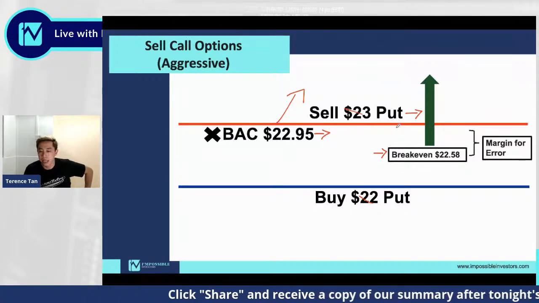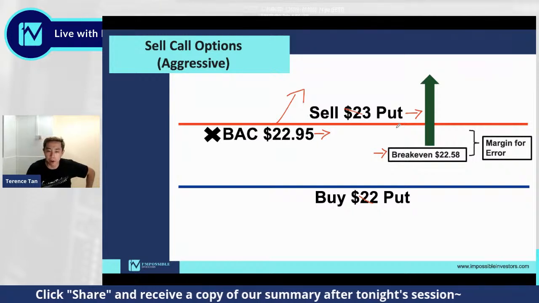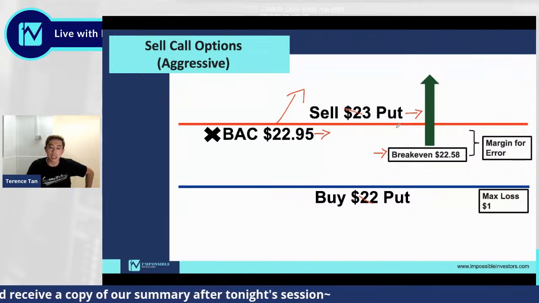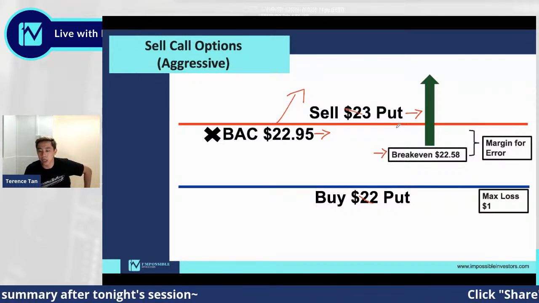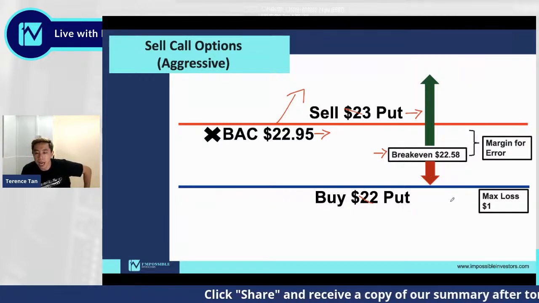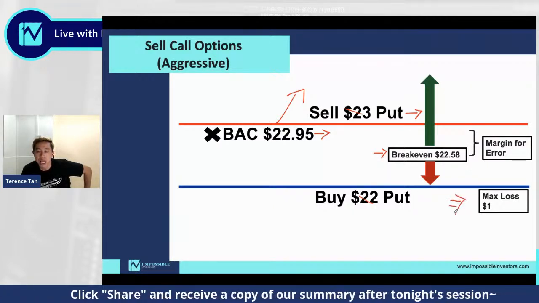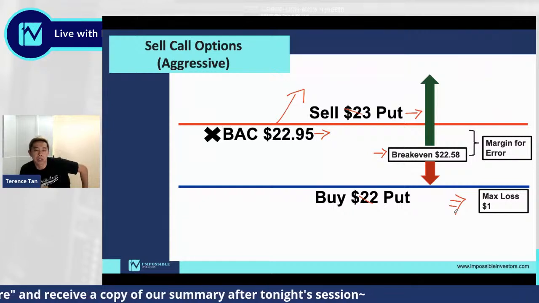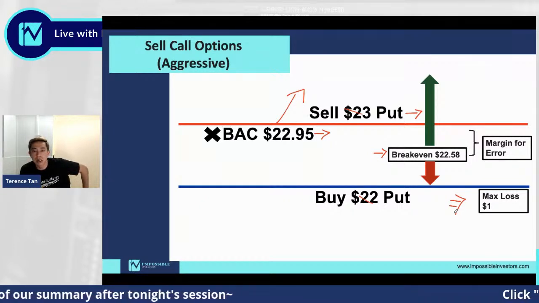This is our margin for error, from where the stock is to our break-even point and our maximum loss. If the stock goes down, yes, we're going to lose money. But the perk of such a strategy is we have what we call defined loss. We have a defined loss on this strategy.